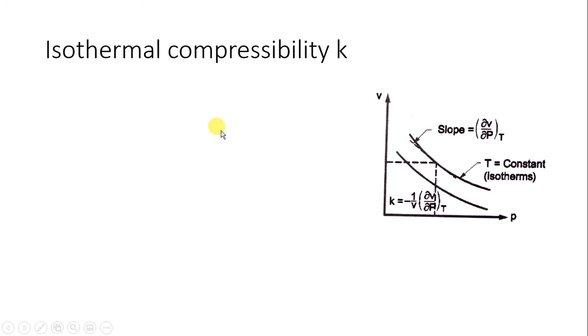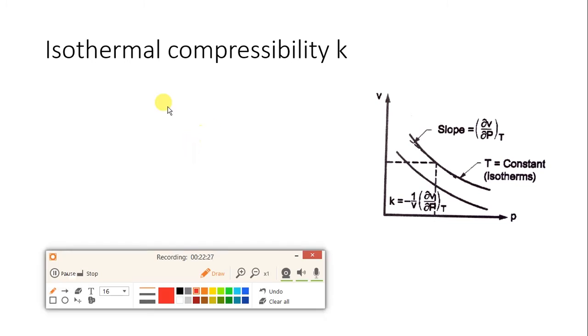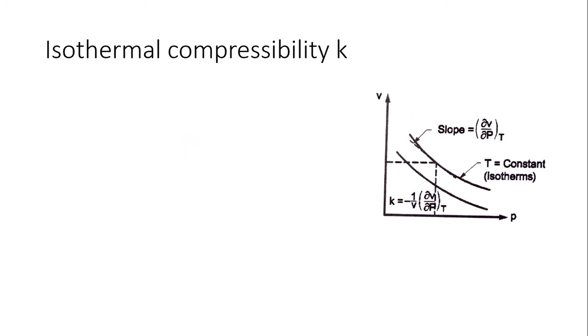Now one more terminology is there, which is known as isothermal compressibility. It is denoted by K. Again you should remember that in different textbooks the notation will be different. In the previous case we had considered the VT diagram; here we are considering the VP diagram, and I have shown constant temperature curves. If I consider a point A over here, what will be the slope of this point for the constant temperature curve?